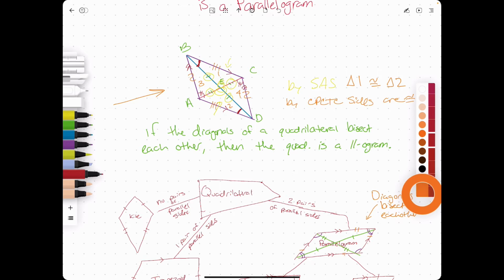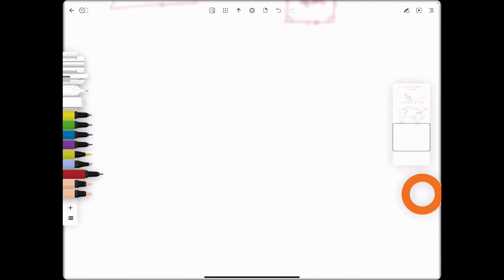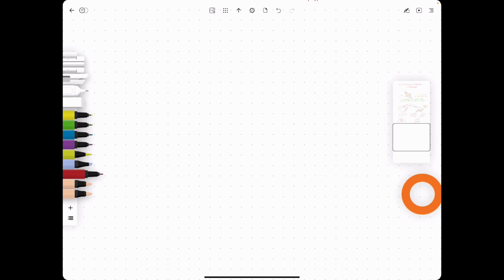Okay, another theorem. Kind of like the grid, actually. It helps me stay writing a little bit more neatly. All right, if one pair of opposite sides of a quadrilateral is both congruent and parallel, one pair of opposite sides, I'm going to write it.